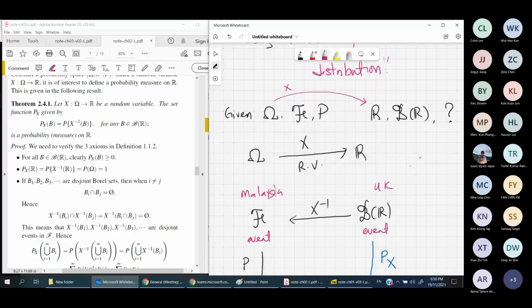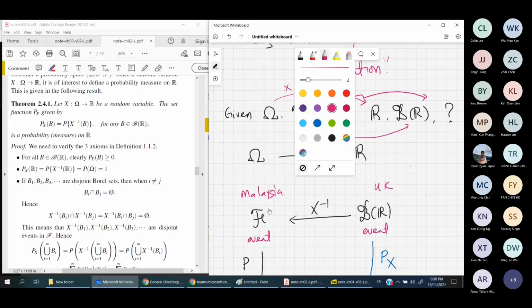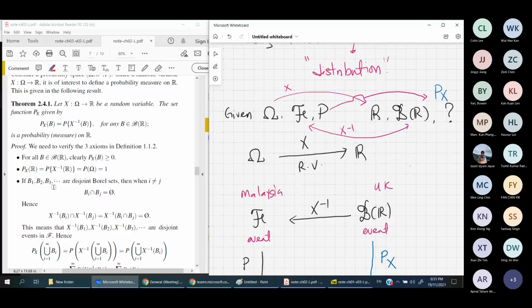Okay, we have a relationship. Then this F we relate to this by using the pre-image. Then we can use this P to construct another probability, something new. So that is PX. As we have already verified just now, this PX is a probability measure on R.